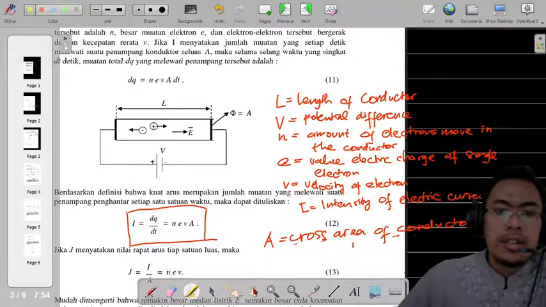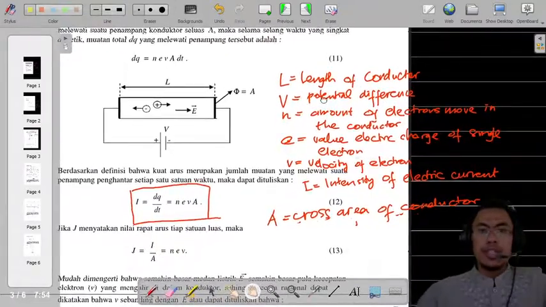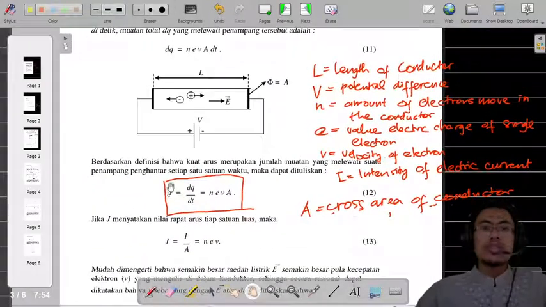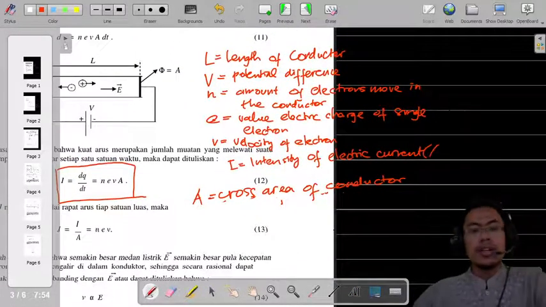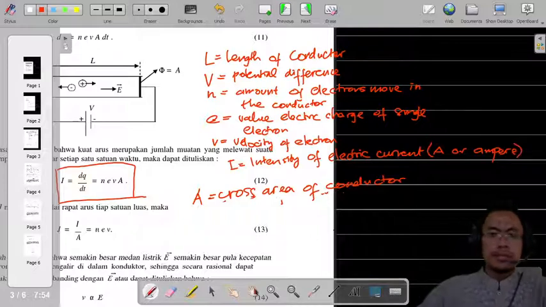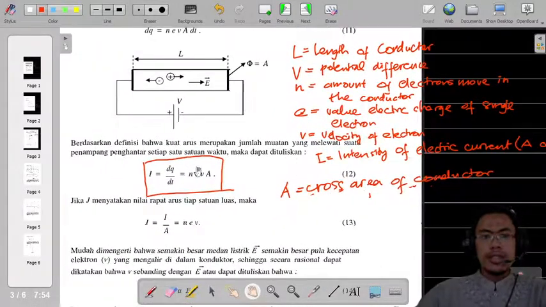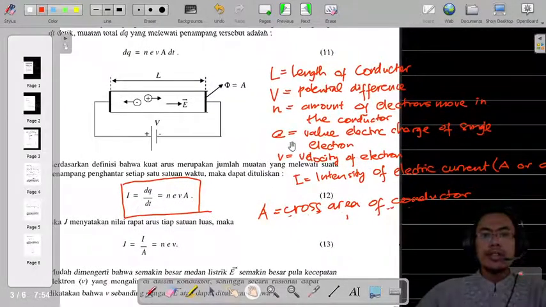All of this has a relationship. So this one is I, the intensity of electric current, and the unit of I is ampere. Then n is the amount of electrons moving in the conductor.